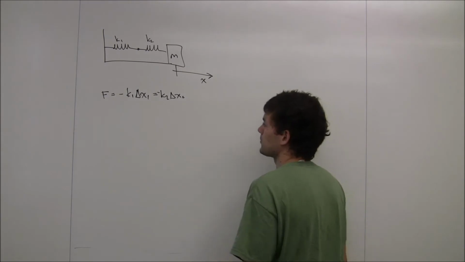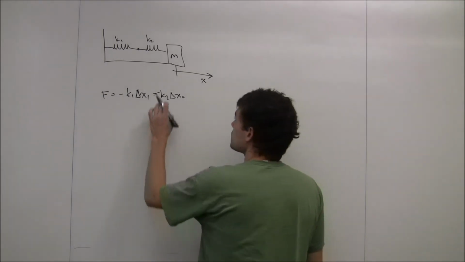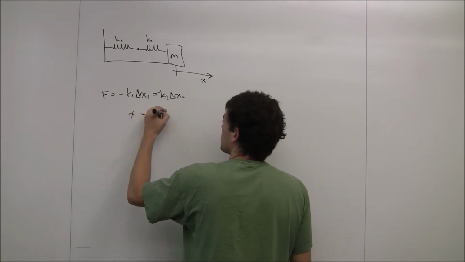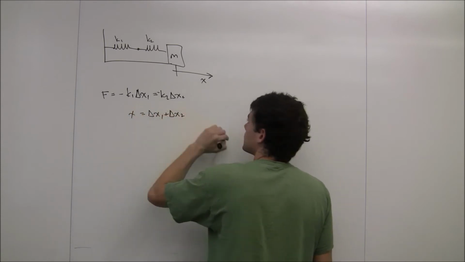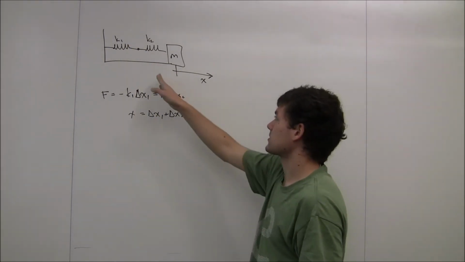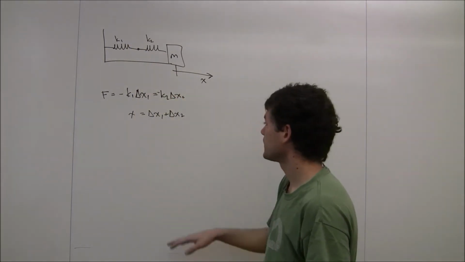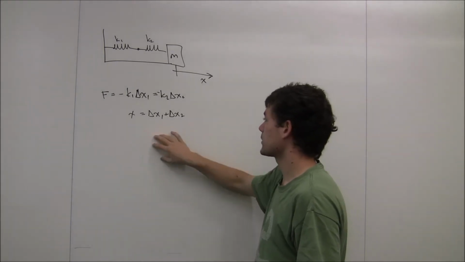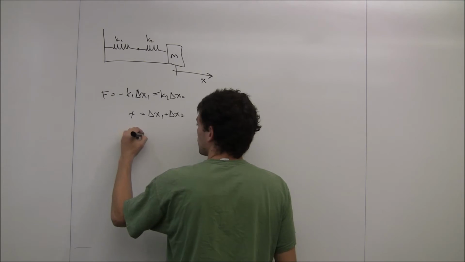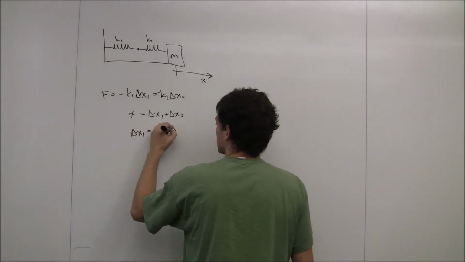Now what we also know about these displacements is that the total displacement of the block, x, is equal to delta x1 plus delta x2, because the springs have to compress the exact same distance that the block moves. So what that means is that we can rearrange this. We get delta x1 is equal to x minus delta x2.